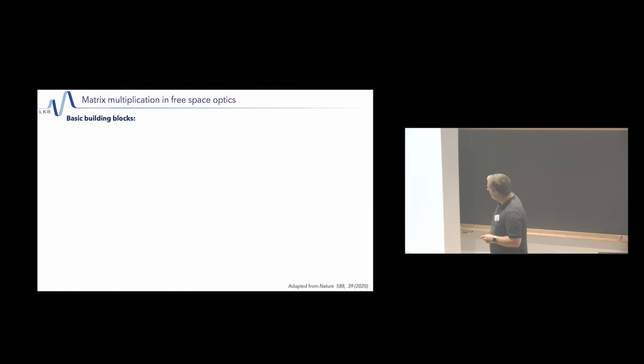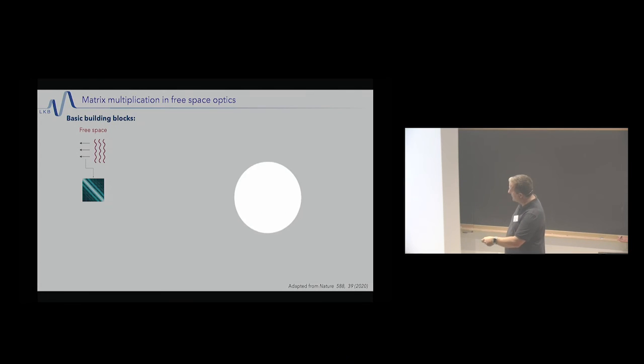Free space optics is very good for matrix multiplication. You have all the building blocks to build this matrix multiplication optically. For instance, free space propagation is just the Huygens-Fresnel integral. You can discretize it, and it becomes a matrix multiplication, with this kind of shape.